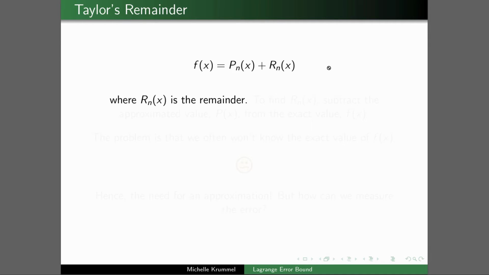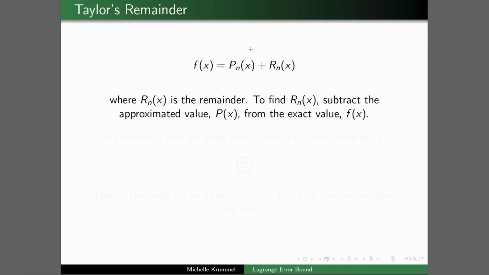The exact value of our function f of x is equal to the value of our polynomial plus the value of the remainder. So the remainder will tell us how much error we have in our approximation. To find the value of our remainder, we can solve this equation by subtracting Pn of x on both sides.